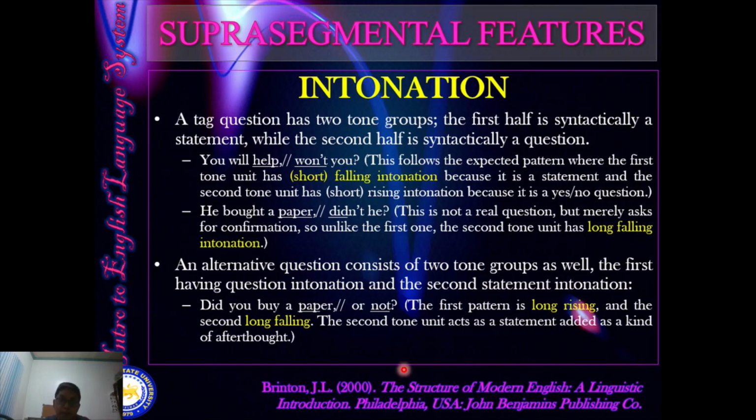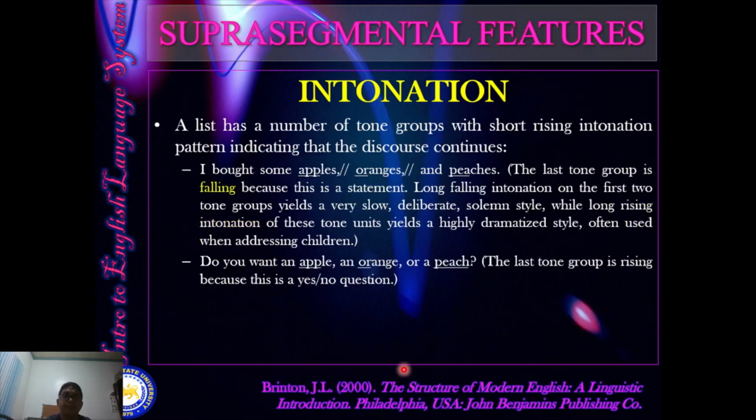Did you buy a paper or not? Again, the first pattern is a long rising, paper, and the second, long falling, or not. Paper or not. Okay? The second tone unit acts as a statement added as a kind of afterthought.